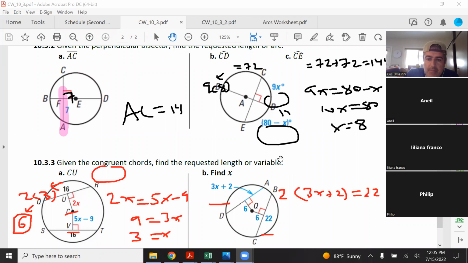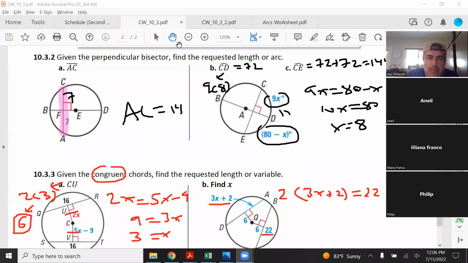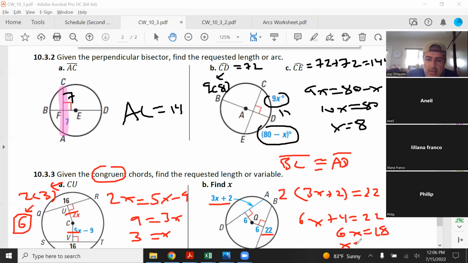So BC is going to be congruent to AD, because they're both of equal distance. So 2 times 3x plus 2 equals 22. So 6x plus 4 equals 22. 6x equals 18. X is 3. And that's all you're being asked to solve for.